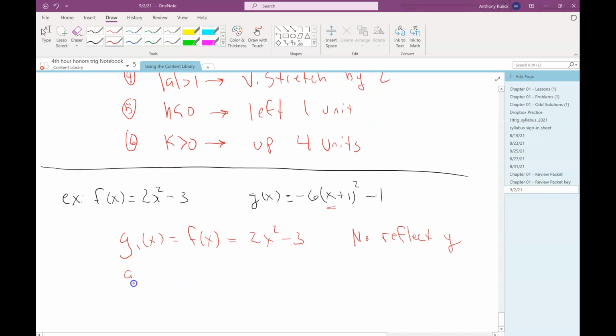The second transformation that I look for is a horizontal stretch or shrink. Again, to tell that, I need to look at the coefficient on the x. Since the coefficient on the x is just 1, again, I know that there's no horizontal stretch or shrink going on.